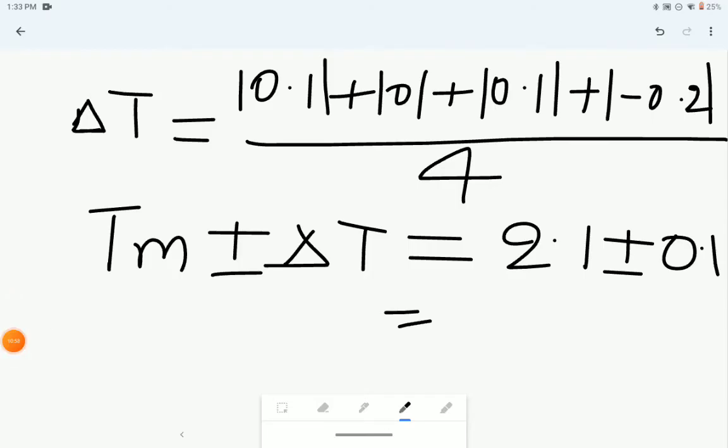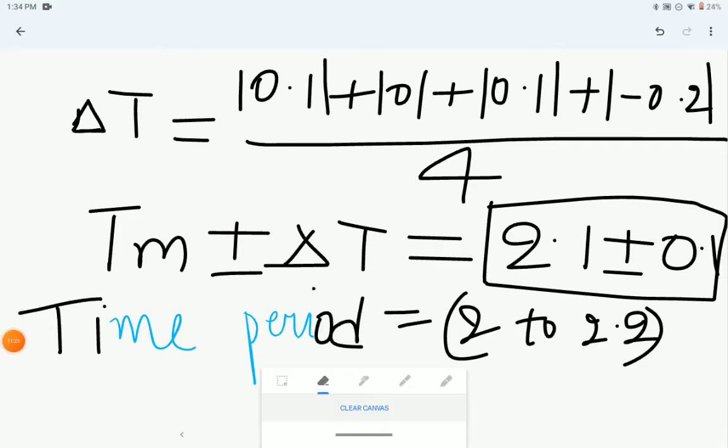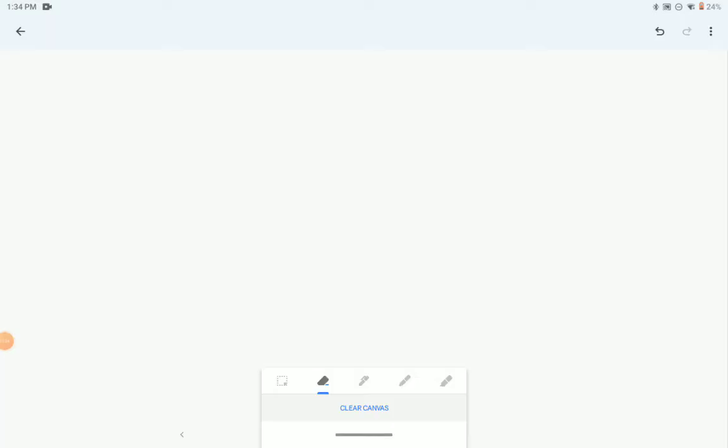This is the way we represent our time period. If we subtract, the minimum value is 2, and if we add, it comes out to be 2.2. So the time period may lie in that range.